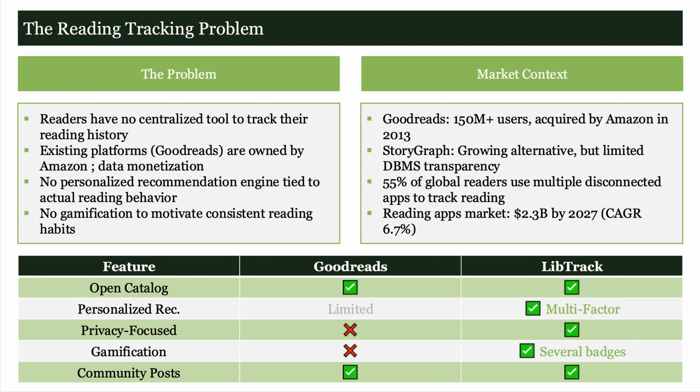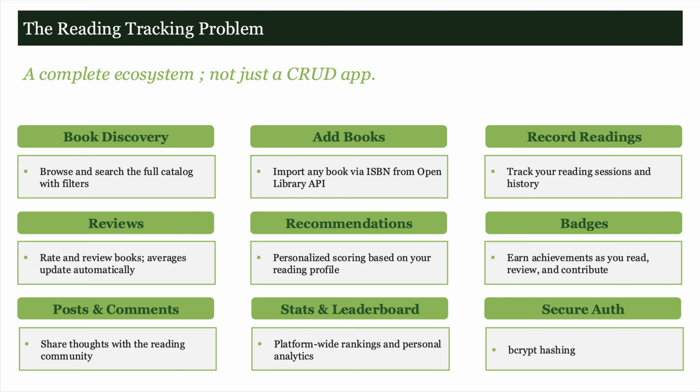LibTrack is not just a crude application, it's a complete reading ecosystem. At its core, the system supports 9 major feature areas. Readers can discover and search books with filters, import a new title via ISBN, and record their reading sessions and history. They can rate and review books with averages that update automatically after every submission, and receive a personalized book recommendation based on their reading profile.